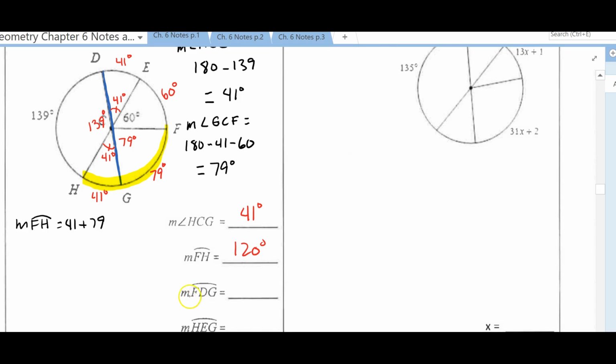And we need the measure of arc FDG. So F going through D all the way to G, so that's F, D, G. So a couple different ways we could do that.